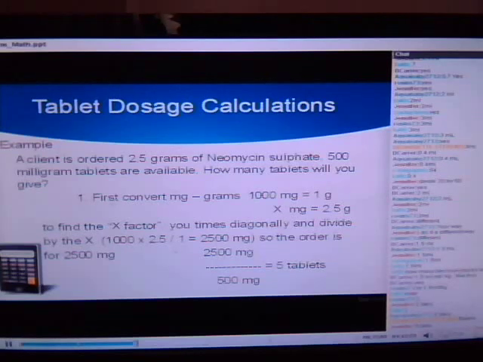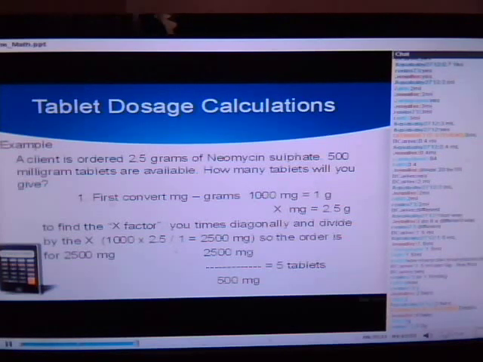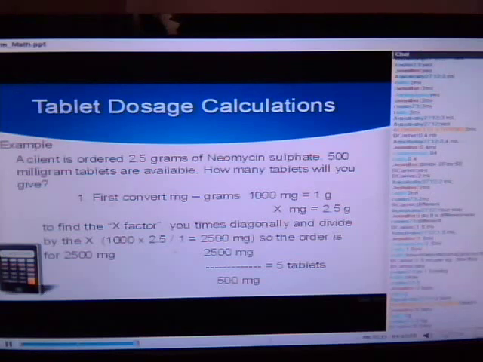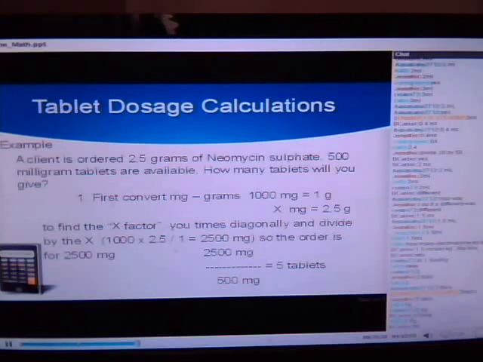No. One thing at a time. I want you to convert milligram. We have to give 2.5 grams. Right. Okay. Then, well, you know what? I'm going to let you guys arrive to your own conclusions because I don't want you guys to change the way you know how to do it.